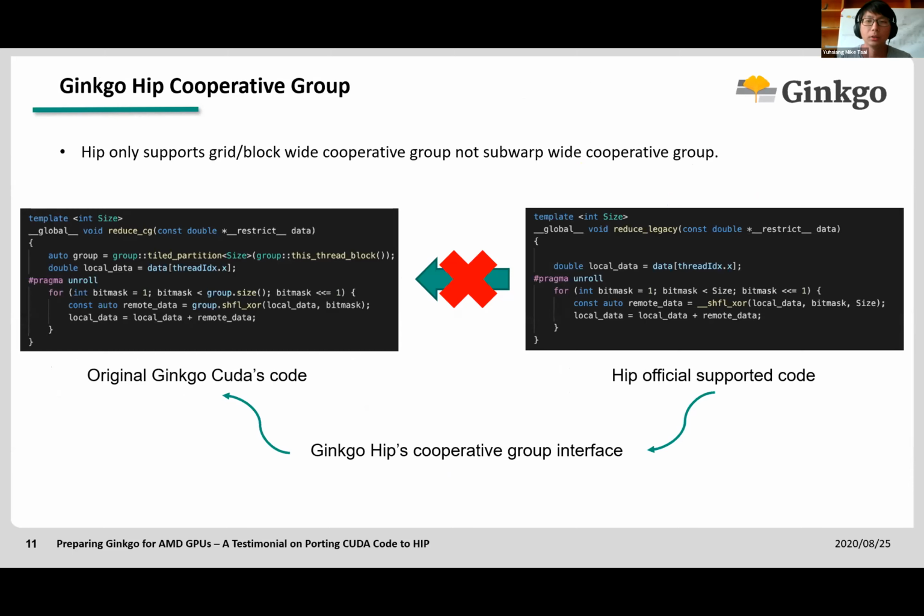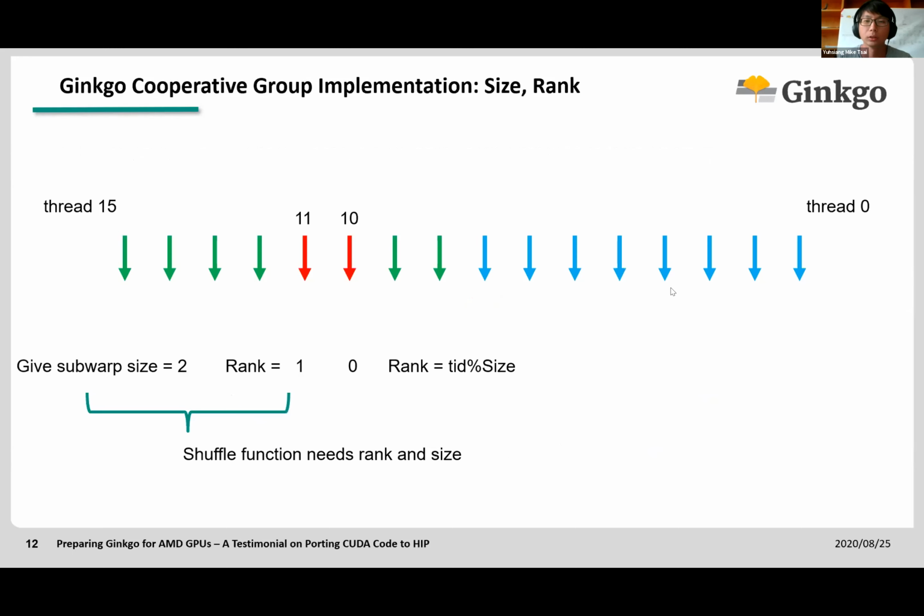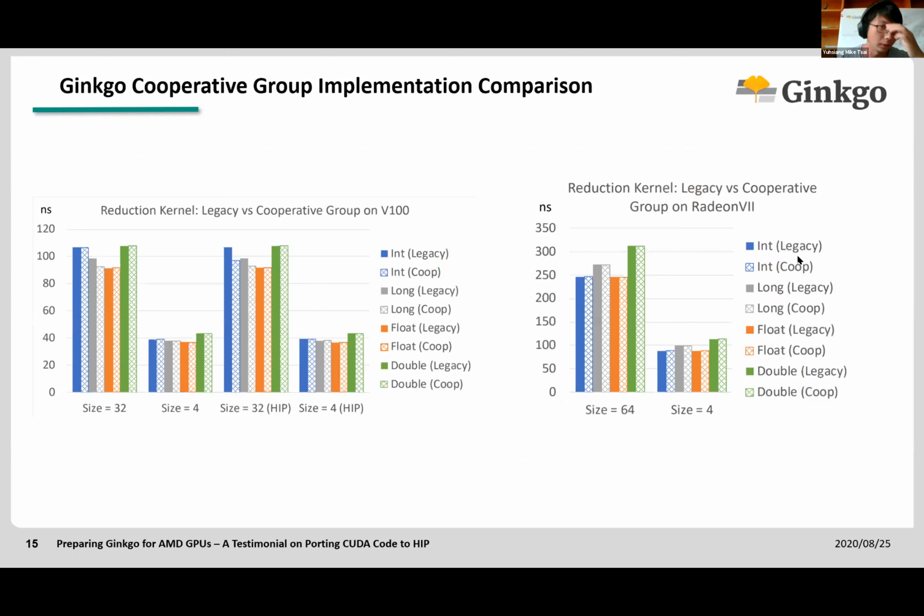The right one is the legacy part, and the left part just calls the cooperative group kernels. In the shuffle XOR, you just need the size. It's a much simpler case, but in more complex cases, you need the length, offset or mask for the match, or for the any or ballot function. So that's the legacy part here.